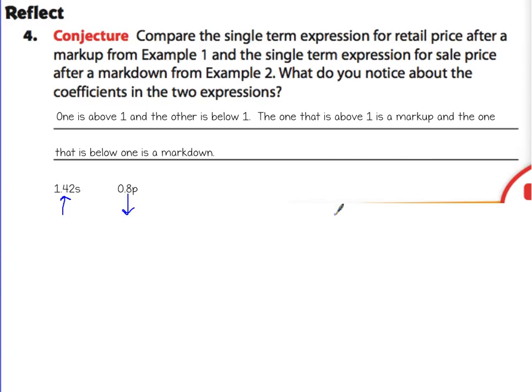So I would be paying 80% of that. So that's where that difference kind of comes in. All right, so again, noticing that when it's a markdown, your single term expression is going to be less than 1, and when it's a markup, it's going to be 1 or above.